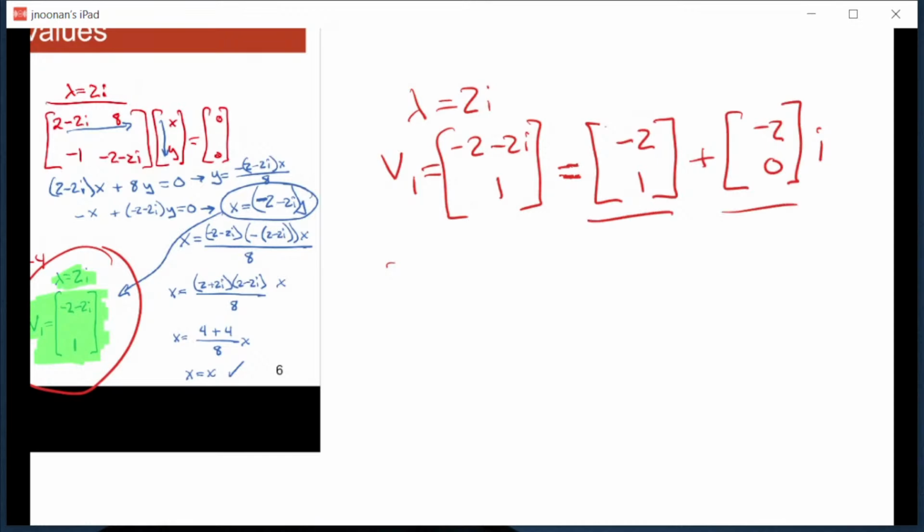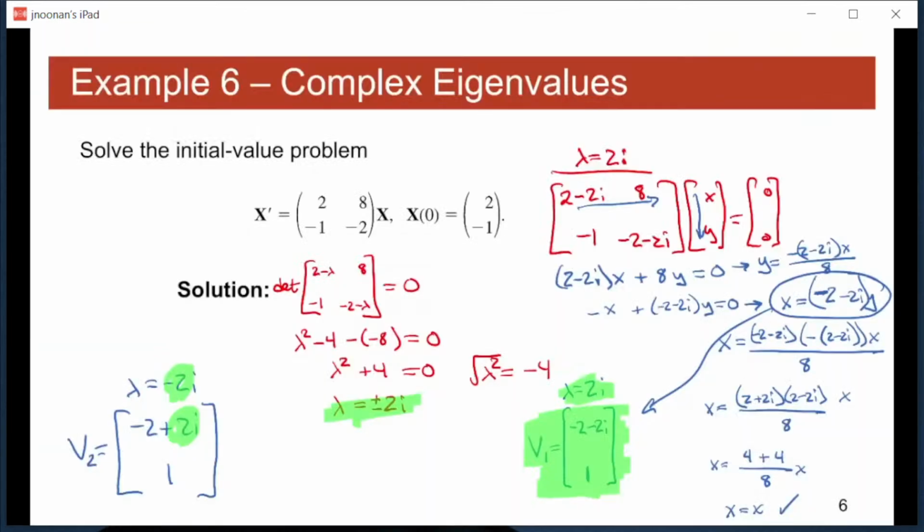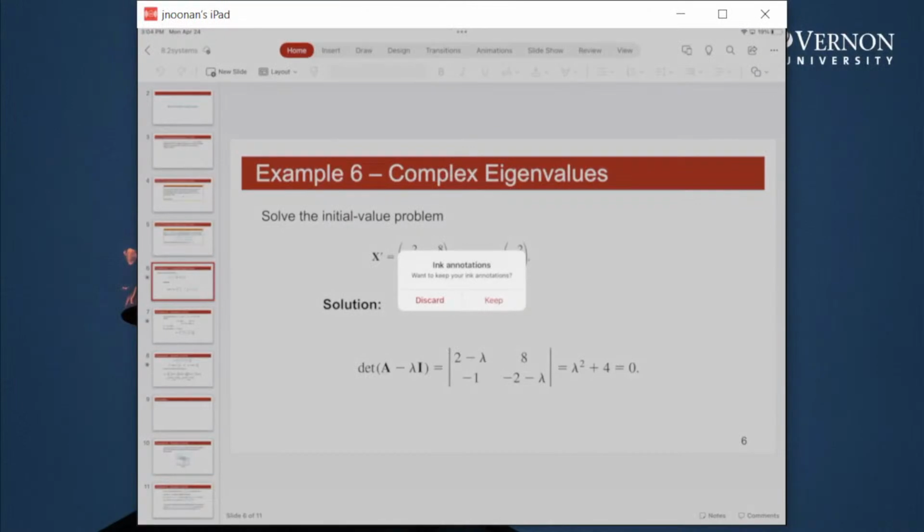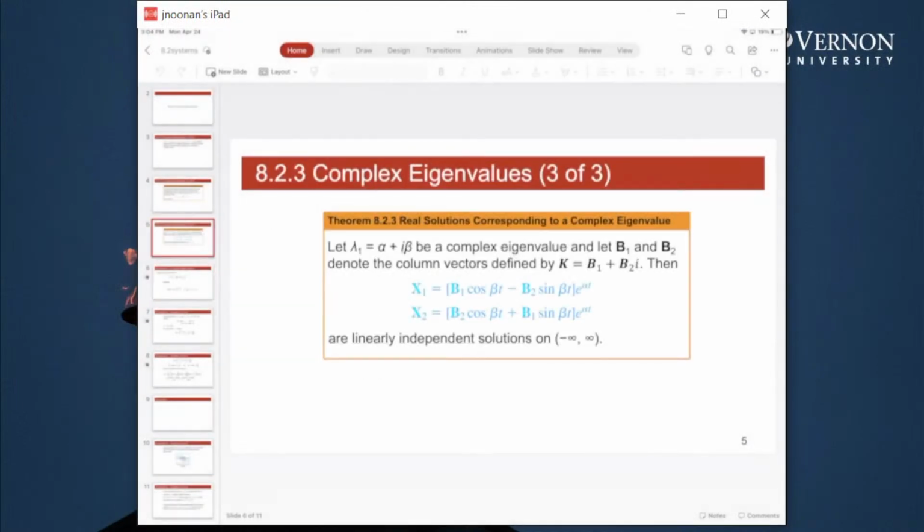And now all that's left to be done is to take those two pieces and build the solution out of those two pieces. So the way this looks is you end up with constant 1. Let's see. I want to make sure I get this right. Okay, so we've got those two vectors.